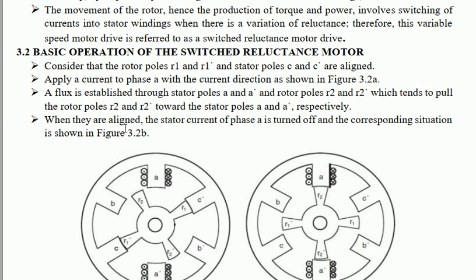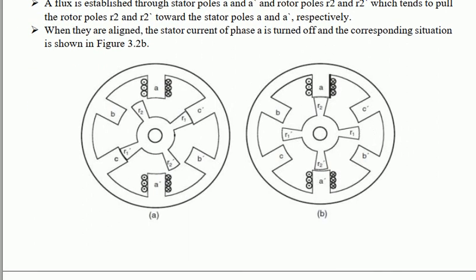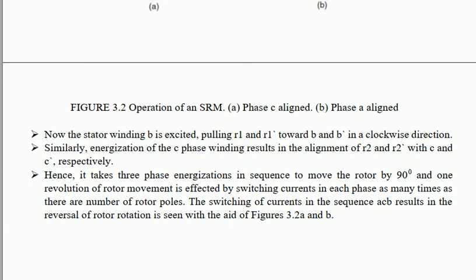When they are aligned, the stator current of phase A is turned off, and the corresponding situation is shown in figure 3.2b. Now the phase B stator winding is excited, pulling R1 and R1 dash towards B and B dash in a clockwise direction.